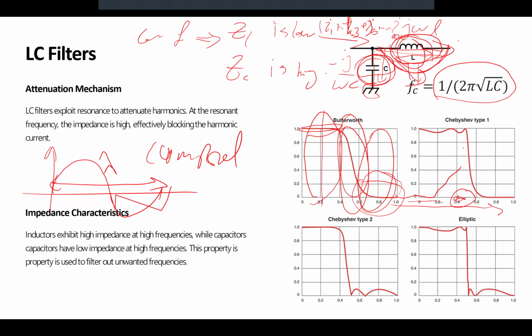When you design a filter, pay attention to that. Ideally, a low pass filter would cut off all the frequency after the cutoff frequency. But practically, when you go higher than a certain frequency, there is going to be another capacitor forming in the air gap parallel to the inductance.